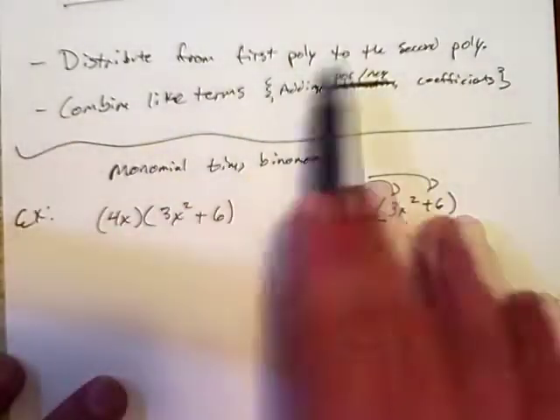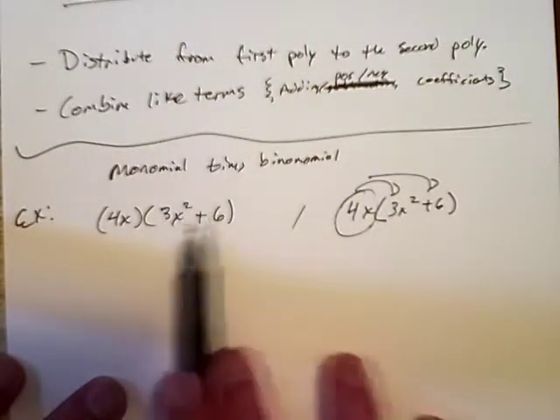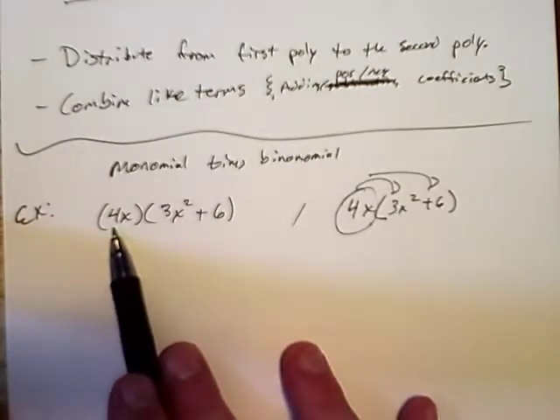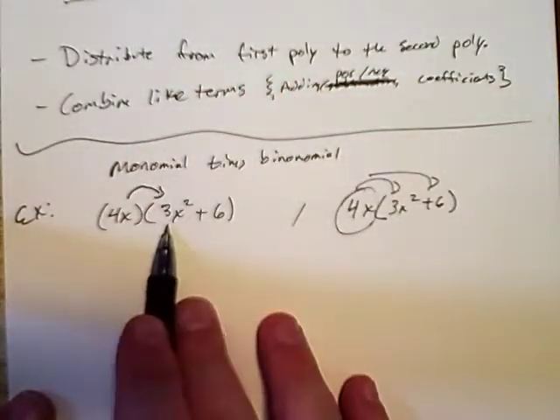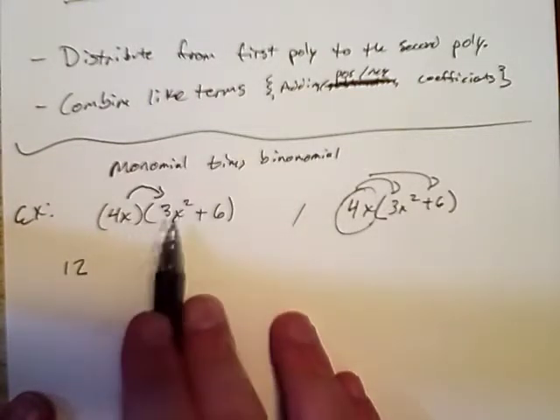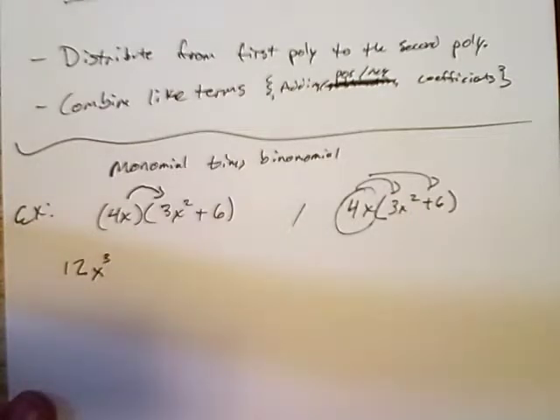Okay, so I'm going to distribute every term from the first polynomial to every term in the second. Well, here I only have one term in the first polynomial, so this is going to be fairly simple. We're going to distribute the 4x times 3x squared. So 4 times 3 gives me 12. X times x squared is x to the third.